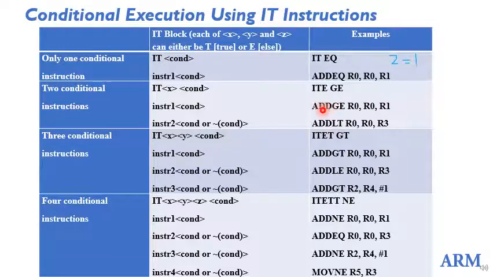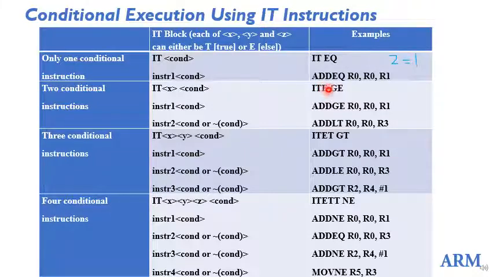So the first instruction will have the same condition as given here, so it is GE only. So ADD GE, R0 equal to R0 plus R1, and otherwise the second instruction is in the else block. In that case there will be only one X in case of 2 conditional instructions.